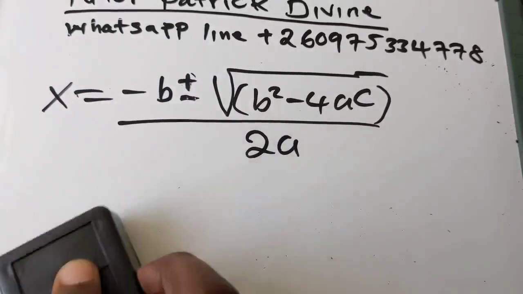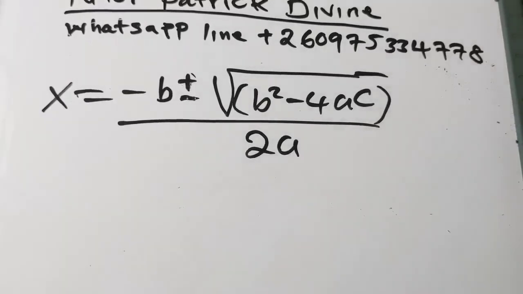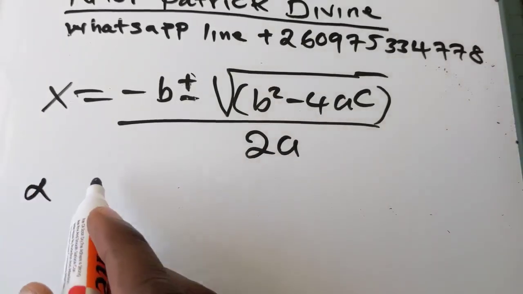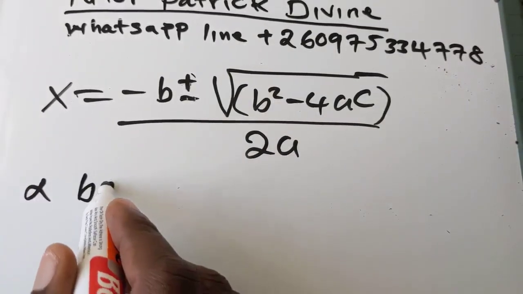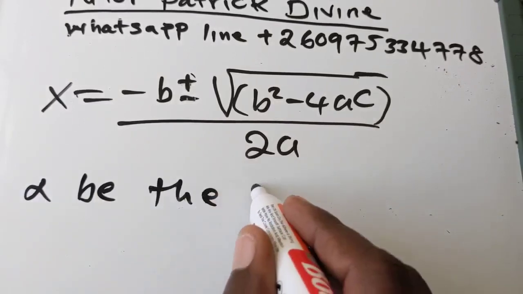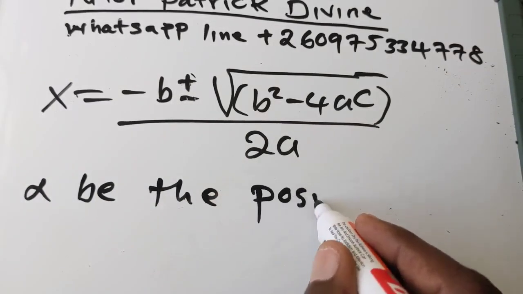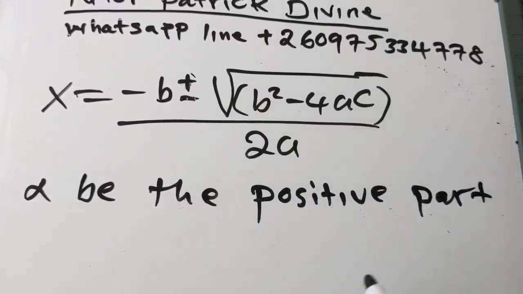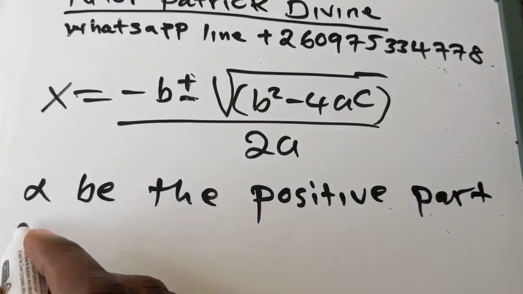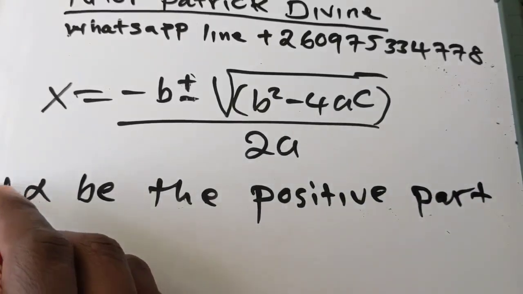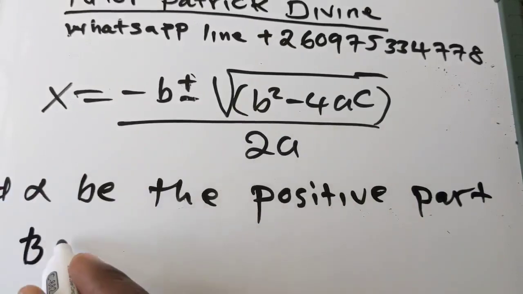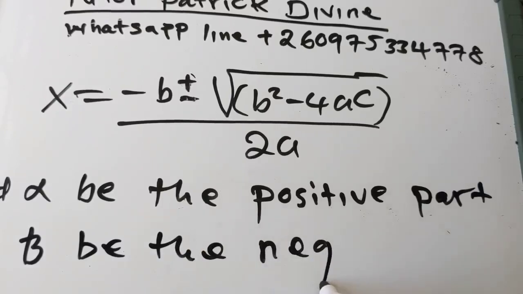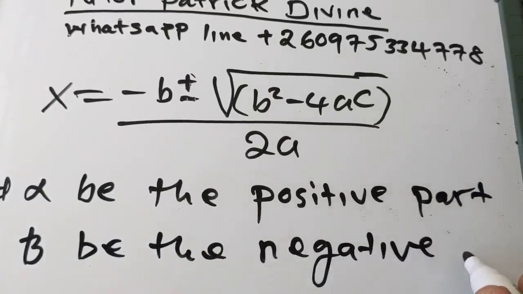So now you need to say: let alpha be the positive part, and let beta be the negative part.